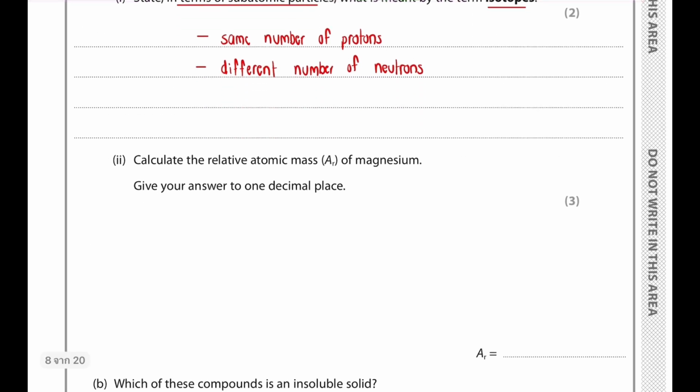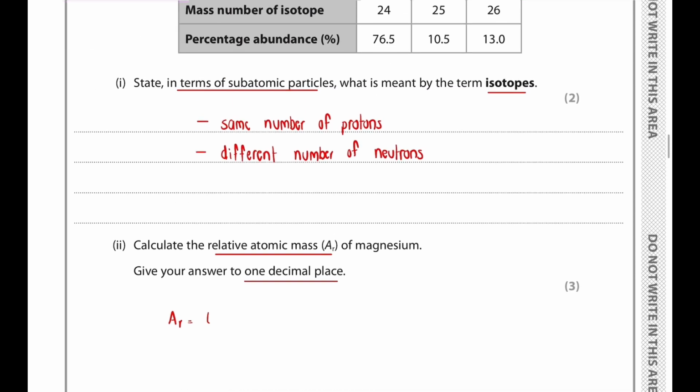Question II. Calculate the relative atomic mass Ar of magnesium. Give your answer to one decimal place. So Ar equals 24 times 76.5 plus 25 times 10.5 plus 26 times 13, divided by 100.